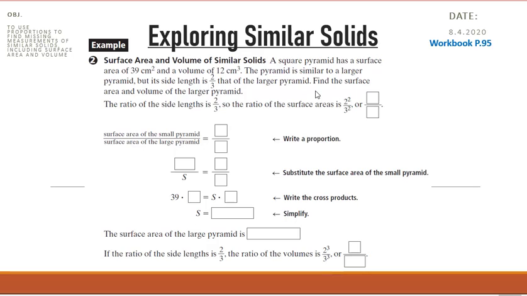What is required is the surface area and the volume of the large pyramid. Let's start first with the surface area. The ratio of the surface areas is the square of the ratio of the lengths. So the area is the square of the length. This is the ratio of the side lengths, so the square of this ratio is 4/9.